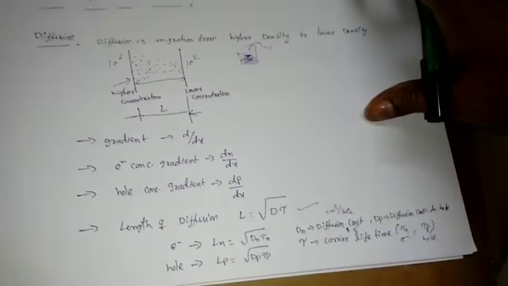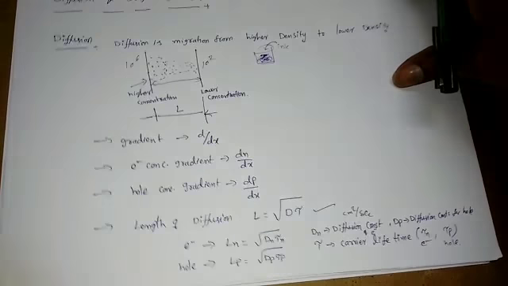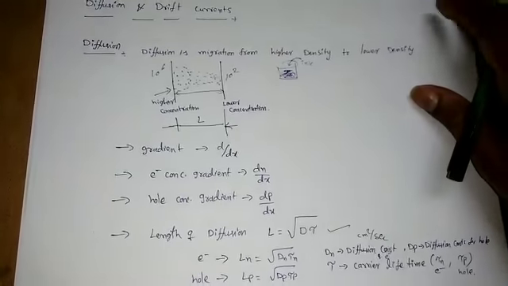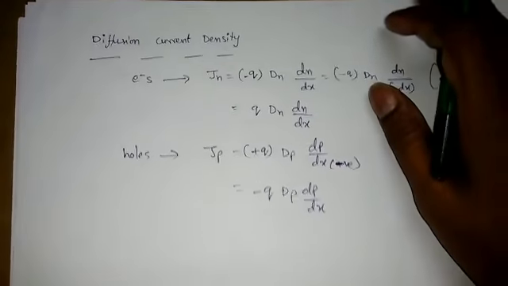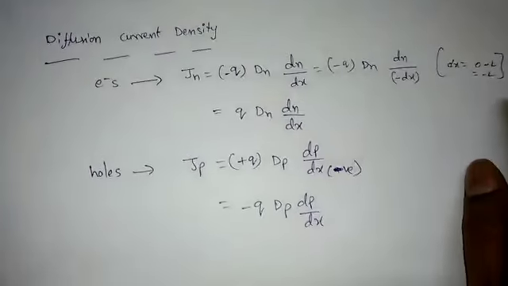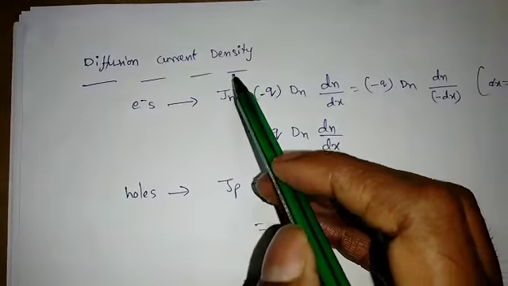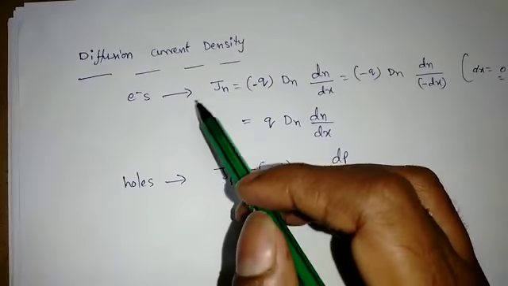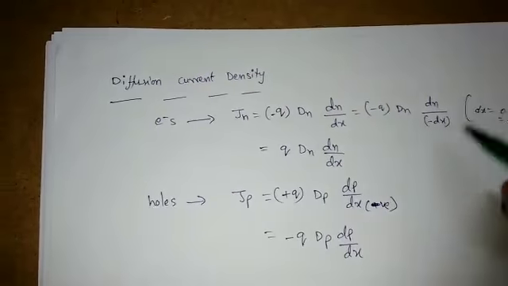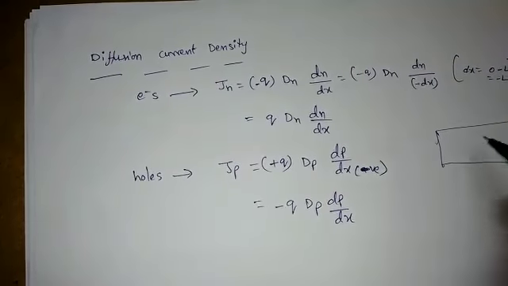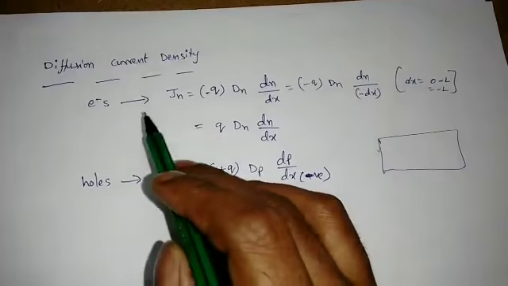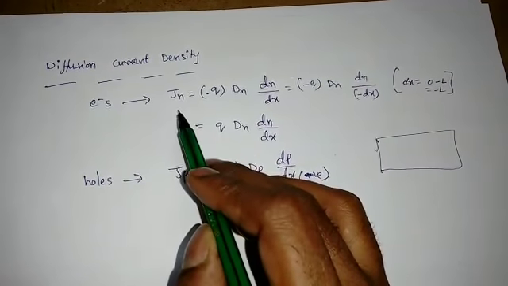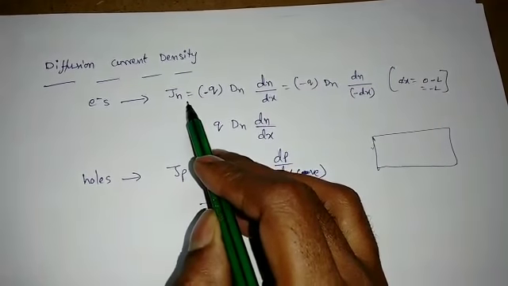Now whenever electrons are moving or diffusing from higher to lower concentration, whenever there is a movement of electrons or holes, we will get a current. So what is the diffusion current density? Generally we take a semiconductor bar with some cross-sectional area and length. So first we get the diffusion current density Jn.